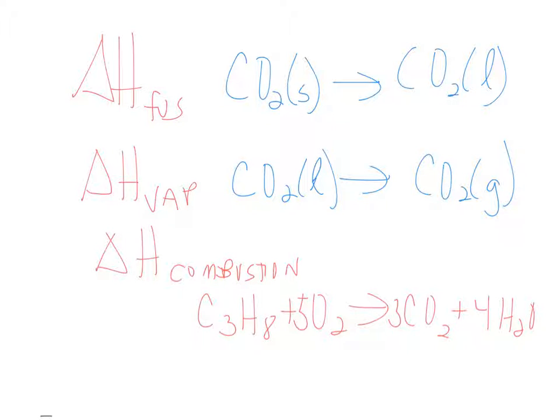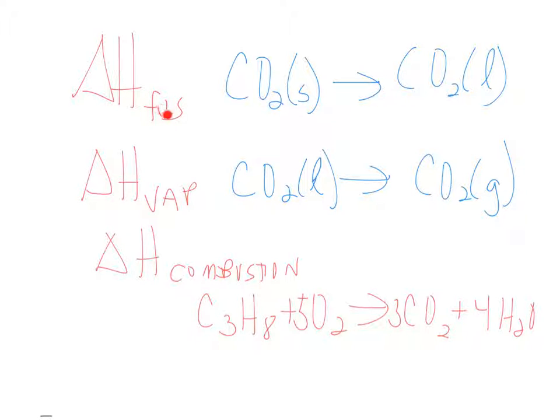In the last video, we talked about different enthalpies, the H for enthalpy, or different changes in enthalpy that we could measure, and really the "different" refers to the different types of reactions. We can measure melting of substances, and the enthalpy of melting. That would be, for example, CO2, dry ice going from a solid to a liquid.